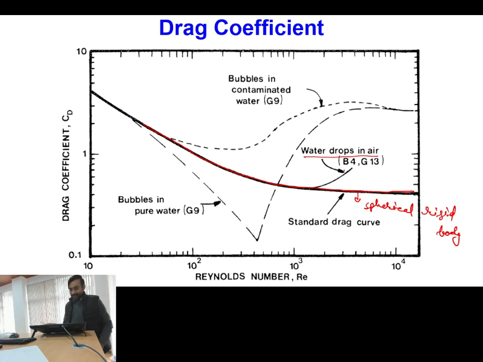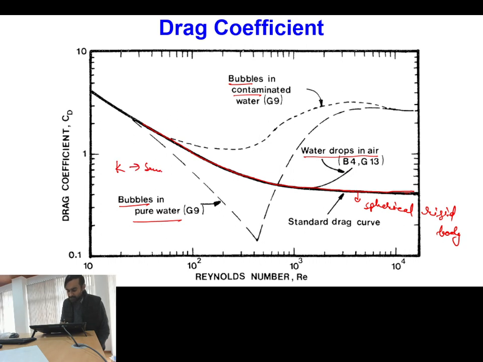Of course, in this particular curve two more systems are discussed. One is the presence of bubbles in contaminated water, and second is the presence of bubbles in pure water. When you are talking about bubbles in pure water, typically bubbles contain air or gaseous fluid inside. Typically gaseous fluid has low viscosity, so the K value will be small.